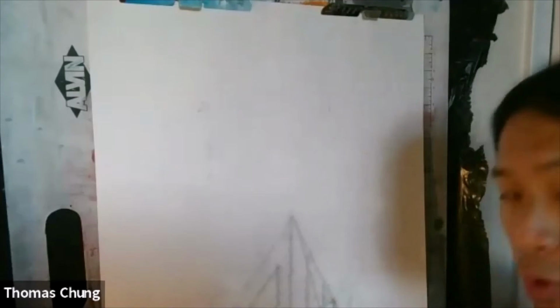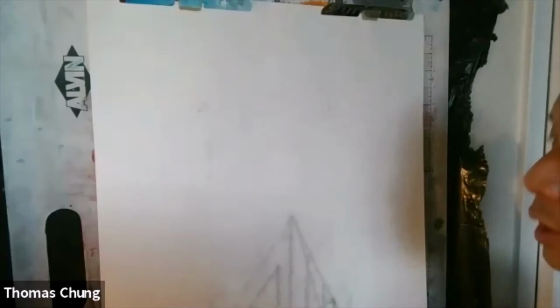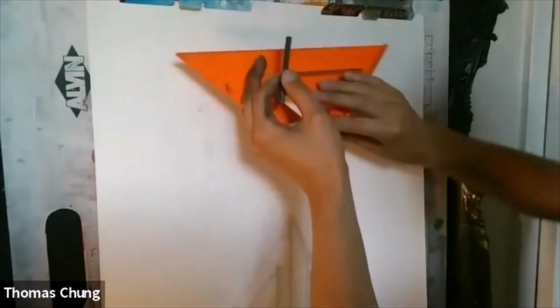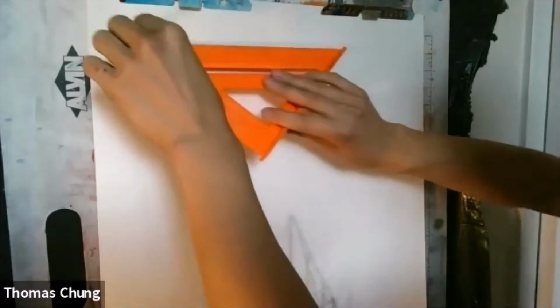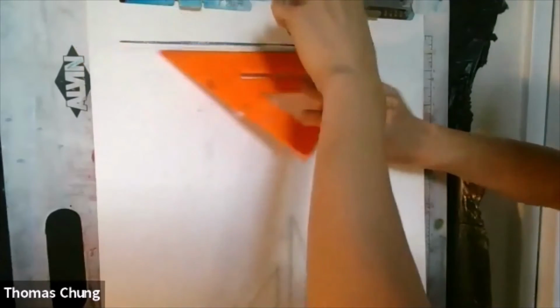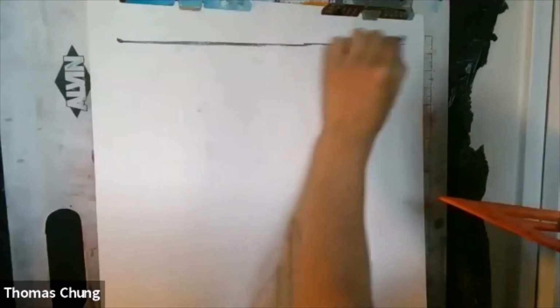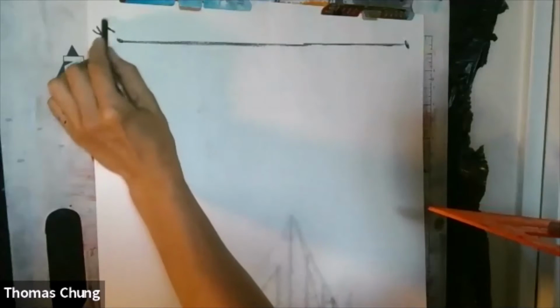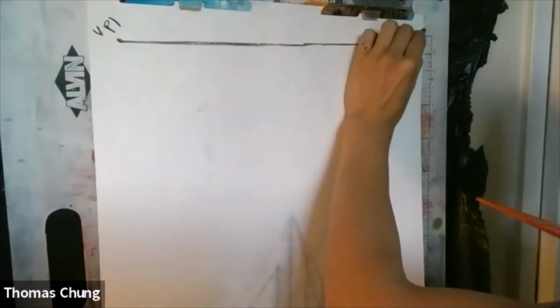So now we're on to 3-point perspective. And so if you remember 1-point perspective, all lines are either perfectly vertical, perfectly horizontal, or aiming towards the vanishing point. With 2-point perspective, all lines are either perfectly vertical or aiming towards vanishing point 1 or vanishing point 2.